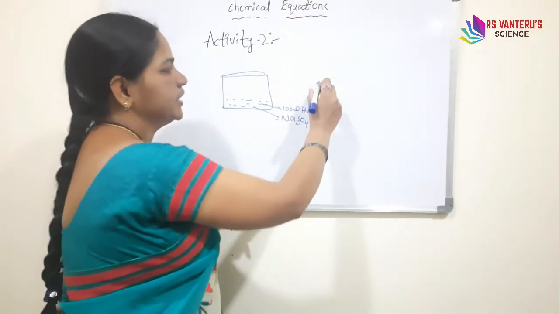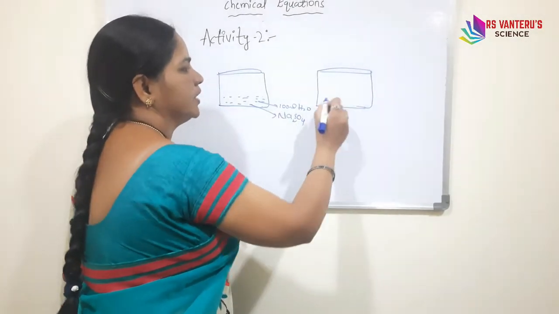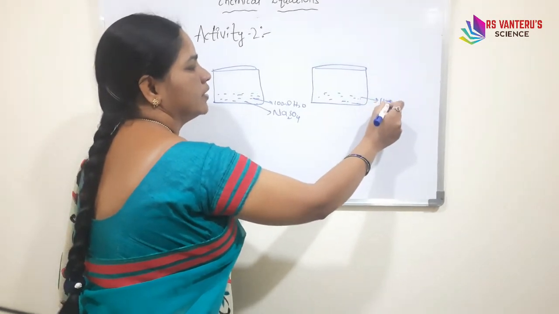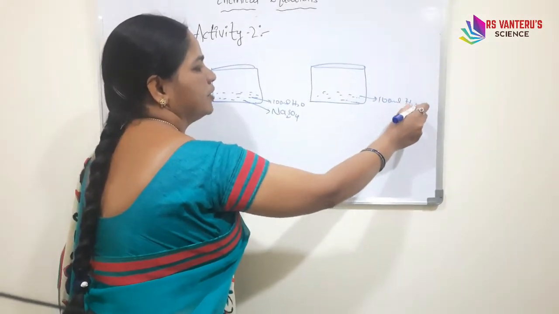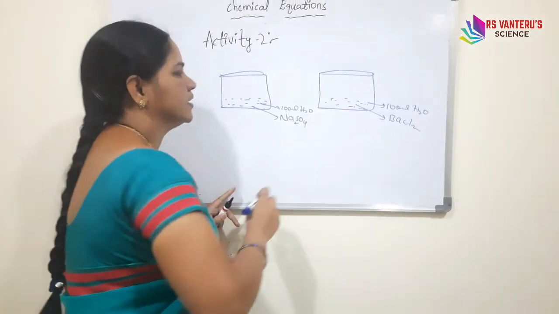Next, take about 100 ml of water in another beaker and mix it with barium chloride, BaCl2.